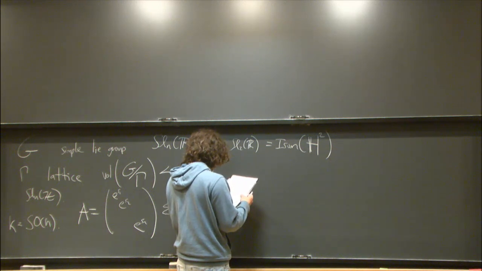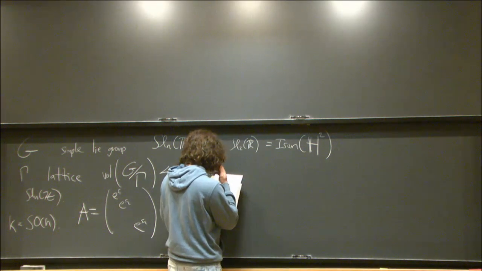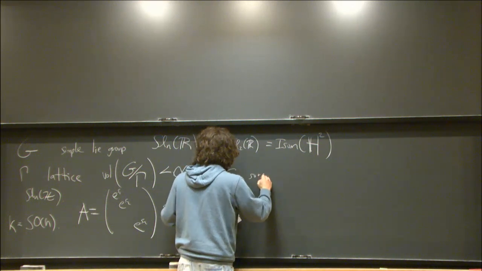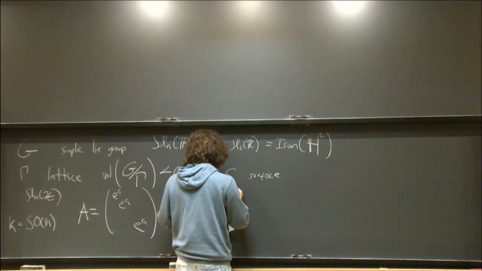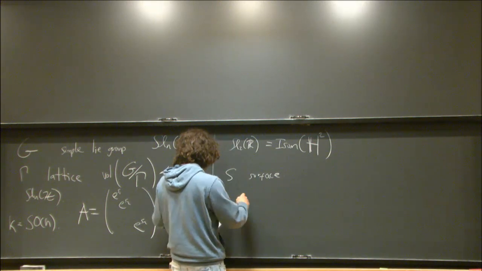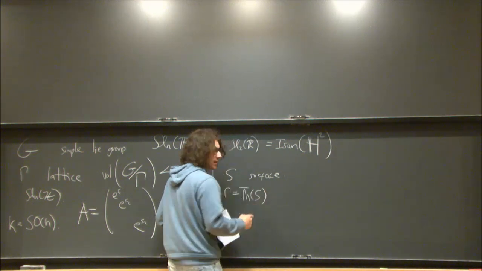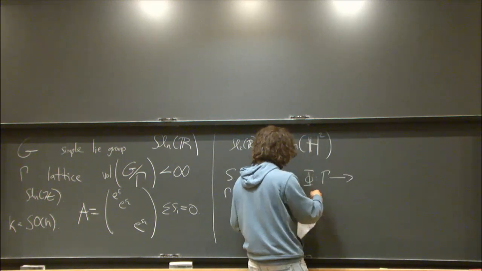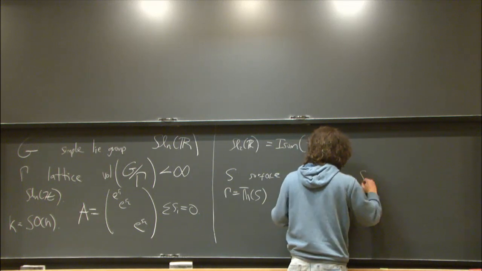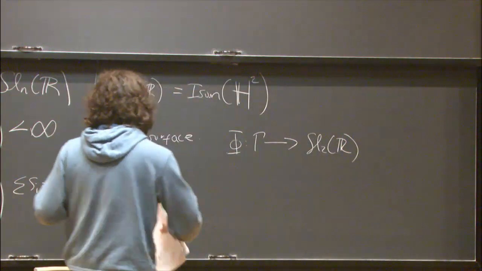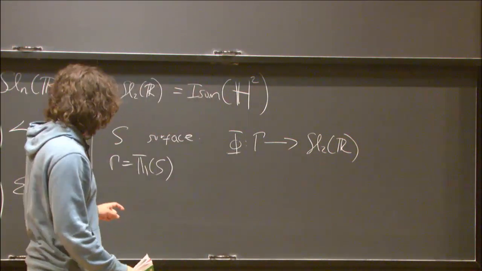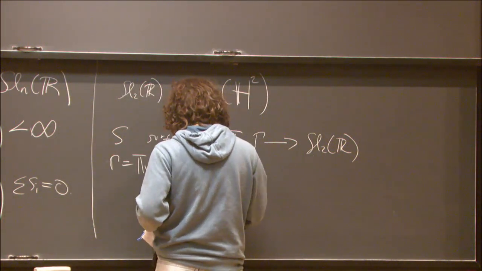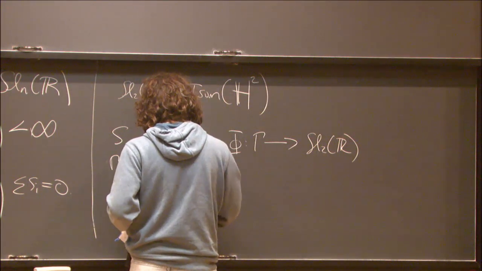First I'll talk about Mostow rigidity. Here I'm going to take S a surface, and I call gamma pi1 of S. If you have a discrete homomorphism from this to SL2R, then this is equivalent to having a hyperbolic metric on the surface.